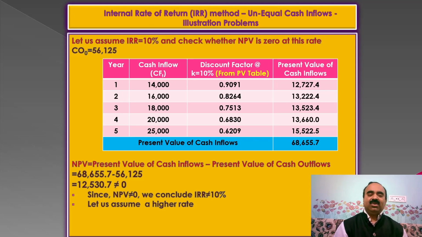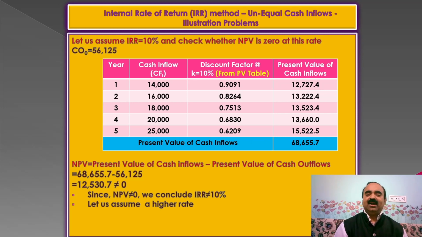I had shown cash outflow or investment CO0 is equal to 56,125 on the top of the table. I had used a 4-column table in order to find out present value of cash inflows. In the first column, I had taken year. In the second column, cash inflows.